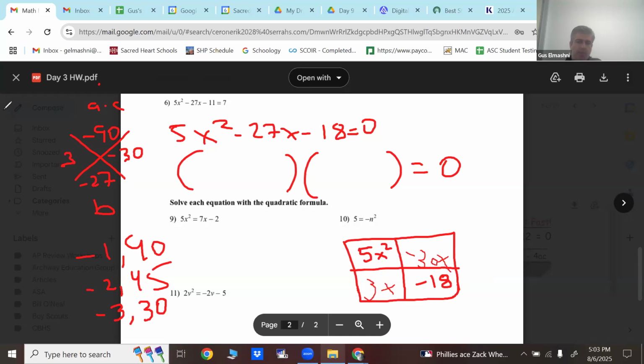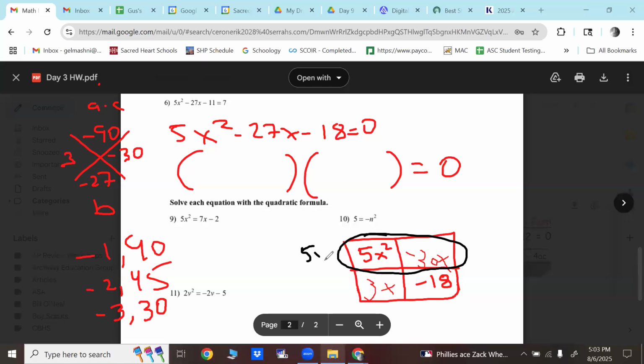Now, let me ask this question. Looking at the first row, what's the factor of those two terms? What can I factor out of that? 5. You have 5x, and that'll be x. Something. Oh, 6. -6, exactly.